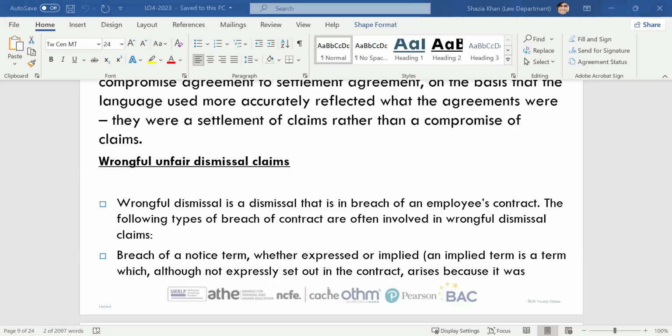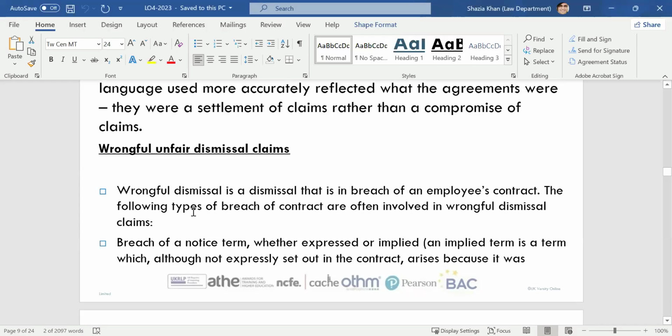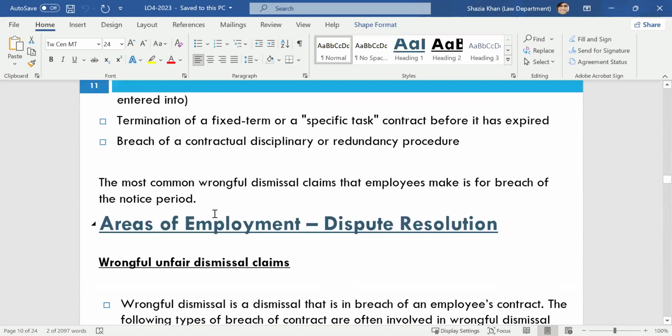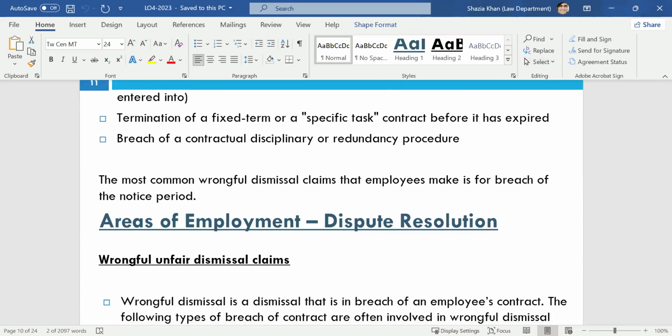So it looks at whether you've been wrongfully dismissed. It could be something to do with the employer. It may be termination of a fixed term. It could be elements of breach of contract. It could be statutory rights and employment law. So it depends on the situation itself, but it could be a claim for a tribunal.